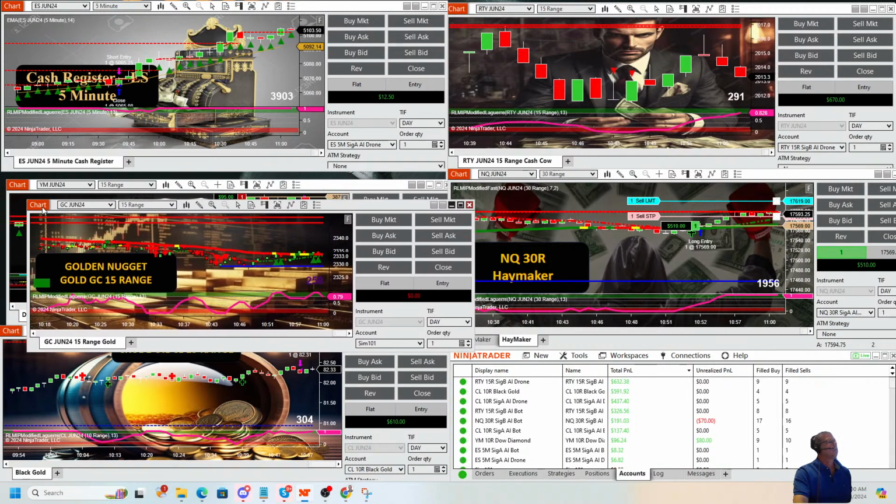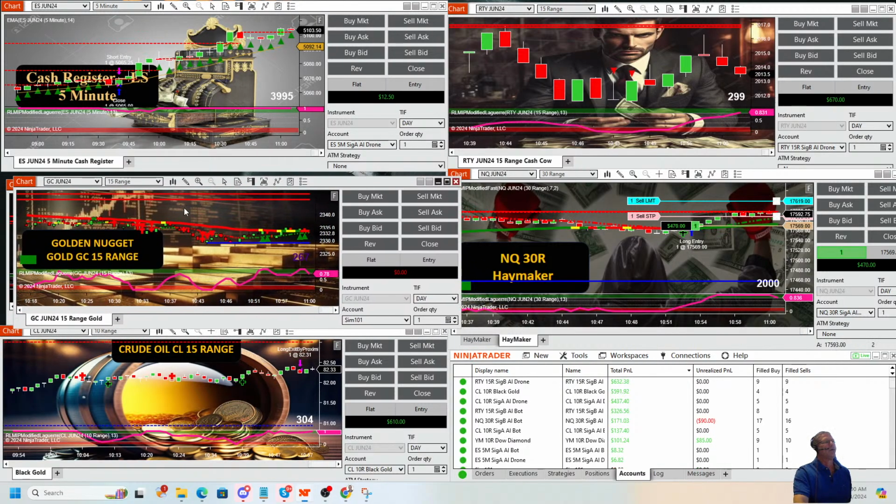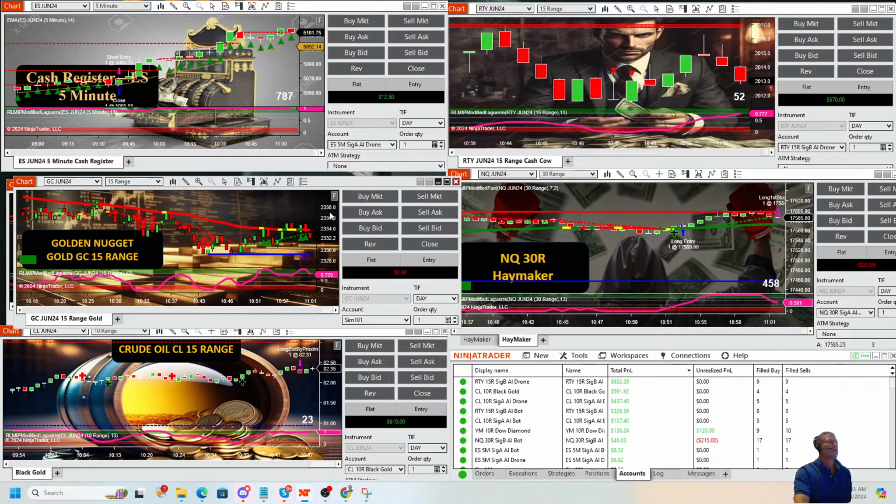Gold has pretty much lost its steam right now. Very low volume. It's at 40.